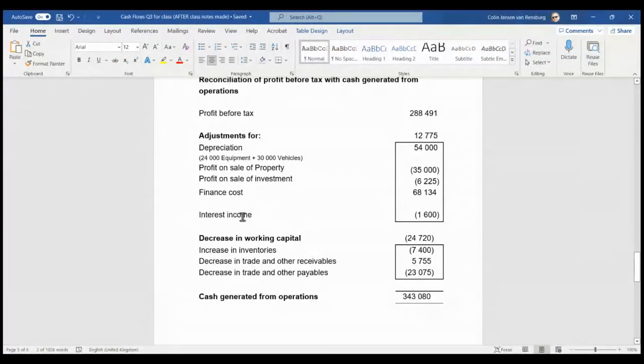Now, the question here is, should we show that as a positive or should we show that as a negative? Sometimes initially, when you start with a statement of cash flows or the note, it might take a little time for all this to sink in because it is a lot of information. We recognize that.